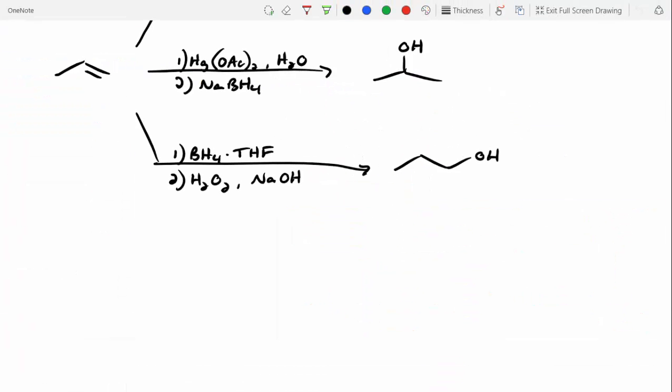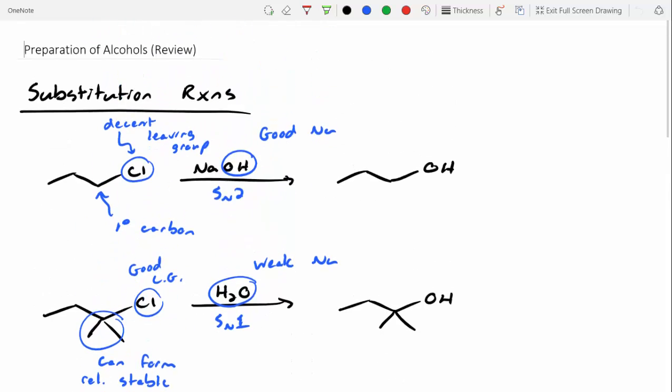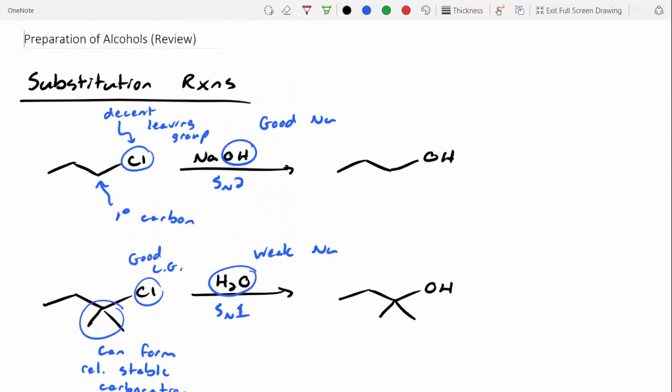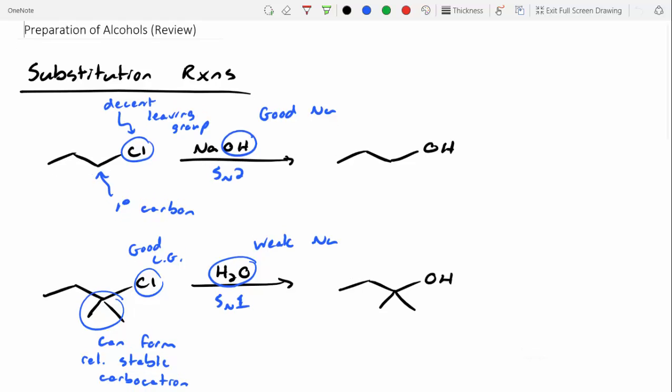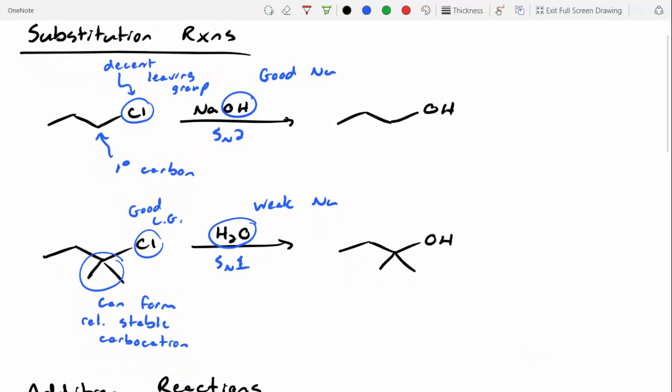And let's review a little bit of what we covered yesterday. Yesterday we said we knew of a few different ways to make alcohols. The first way we covered last term was through SN2 or SN1 reactions, and that depends primarily on your nucleophile and your electrophile.